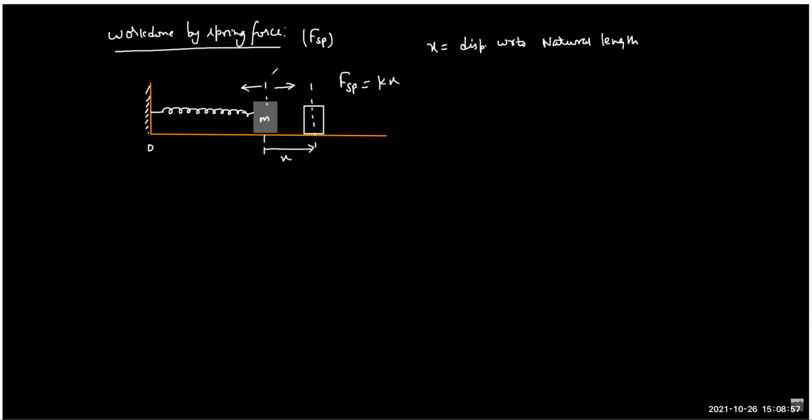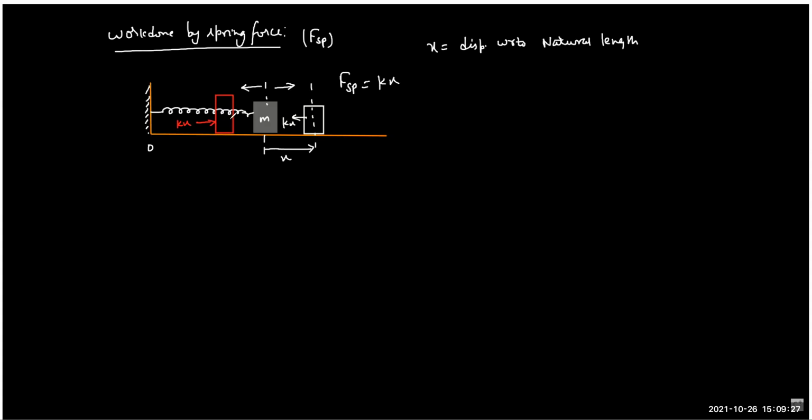So if you try to pull it right, the spring force will act left. But if you try to pull it left, if you try to compress it by pushing it left, the spring force will act this way. So no matter which direction you move, it is going to oppose the movement because the natural tendency is to go back to the natural length.